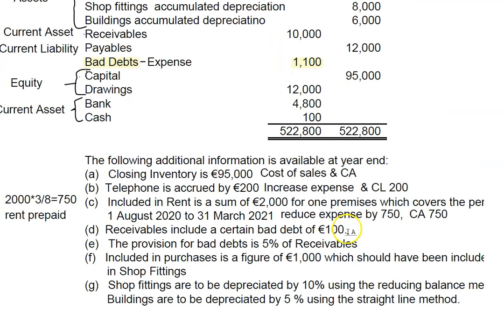Receivables includes a certain bad debt of 100. So we need to increase our bad debts by 100 and reduce receivables. So from now on, our receivables are 9,900, and we'll show our bad debts expense as 1,200.